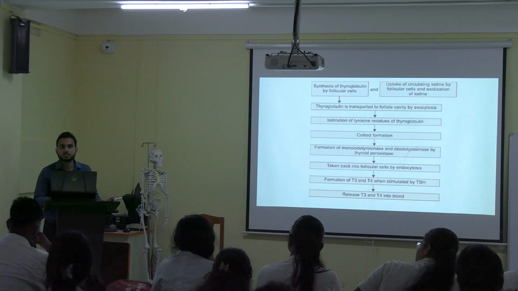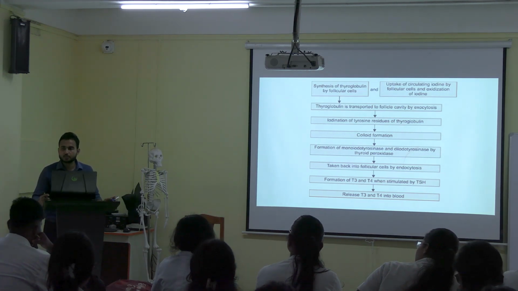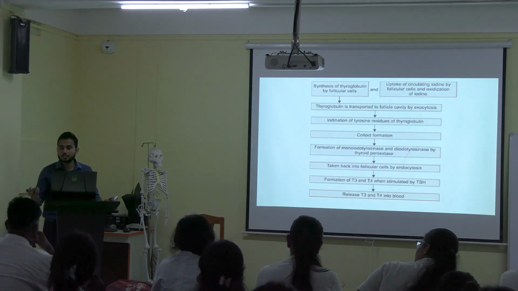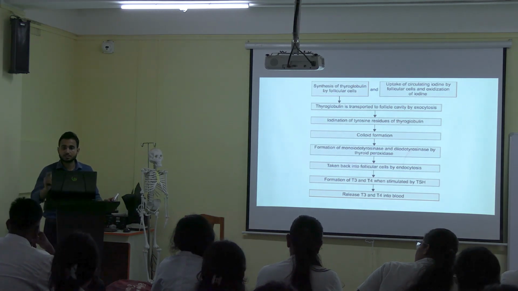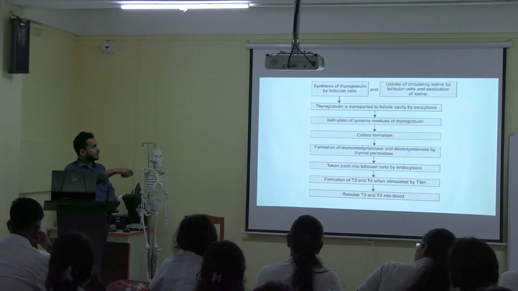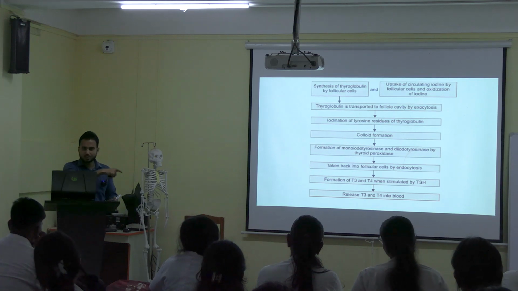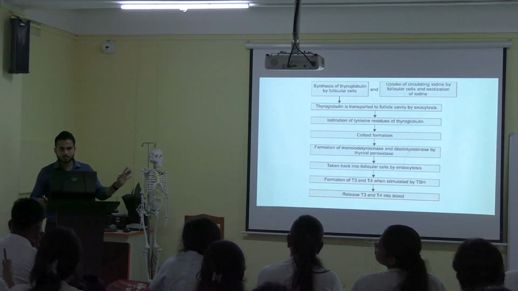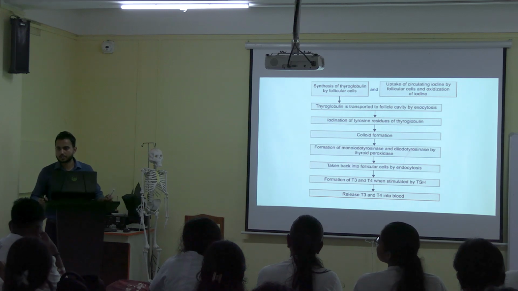Because as I have mentioned, there are some peculiarities in the thyroid gland. What is that peculiarity? First one, it is depending on an external source for production of the hormones, that is iodine. Okay, without iodine it will not be able to produce the hormones. So for that the steps are written over here. So this you will study in physiology. Though it is there, you don't have to write it in the practical notebook.